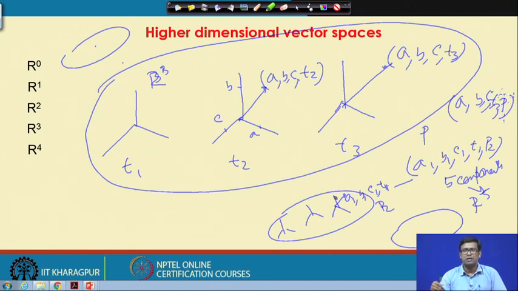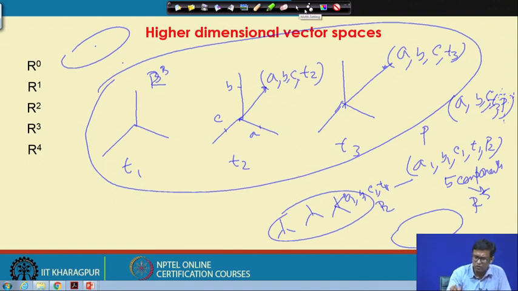So, we can keep on increasing the components of vector and the real coordinate space will increase in its dimension, or vice versa. We can think of real coordinate space with one more dimension, one more coordinate to observe, and the vector in that coordinate space will have one more component.